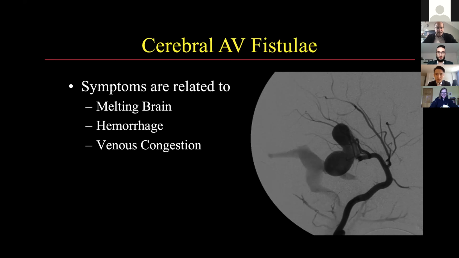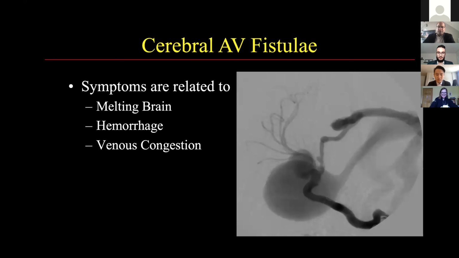It's just like if you want to drive on a congested highway, if there's a traffic jam, you cannot drive down this route simply because too many other cars are there. If there's too much blood flow in the veins, then the normal brain cannot drain normally.